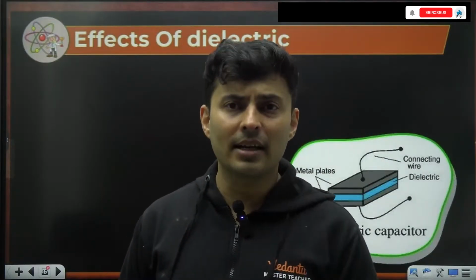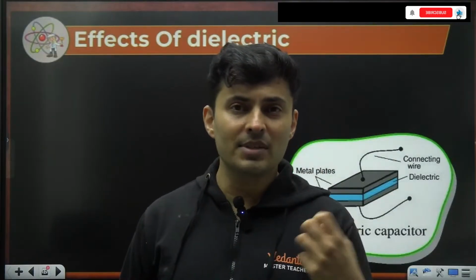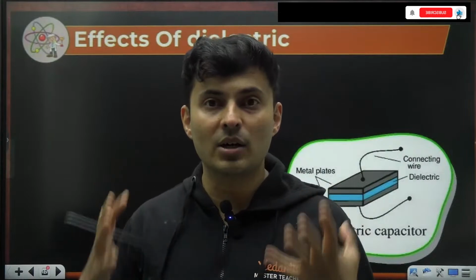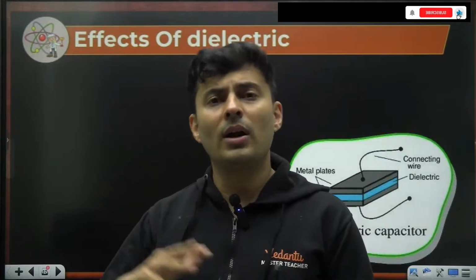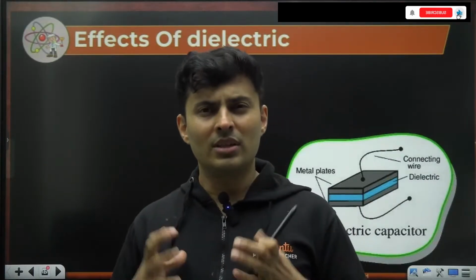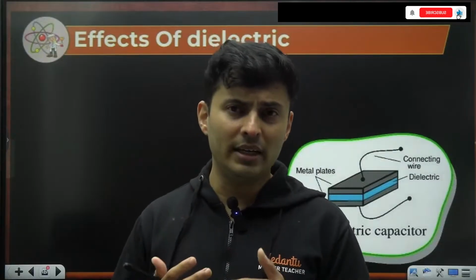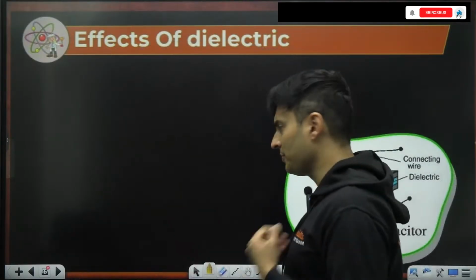So the dielectric constant of that medium is 2. If that 100 becomes 10, that means you have reduced it by a factor of 10. So the dielectric constant of that medium is 10. Ceramics have very high dielectric constants in the ranges of 200, 300, 400. So that's the dielectric. It reduces the field strength by creating induced polarities inside that medium. We have discussed this in detail in the previous session.